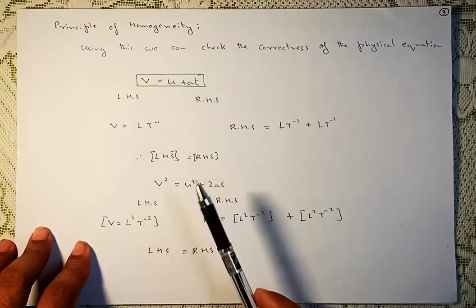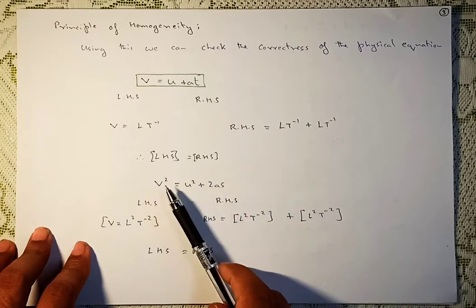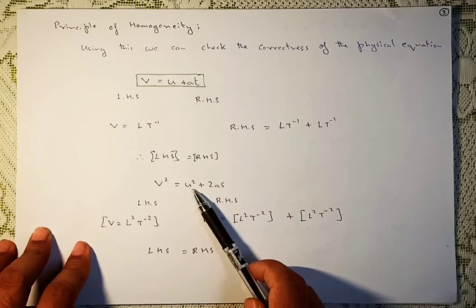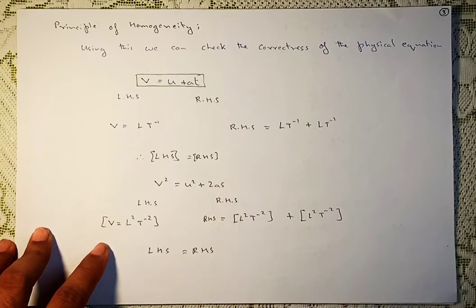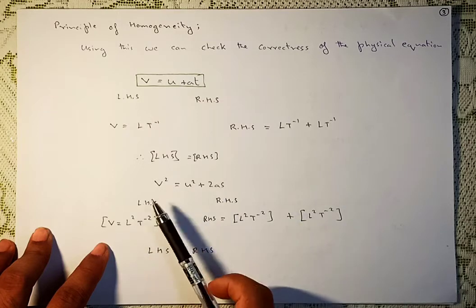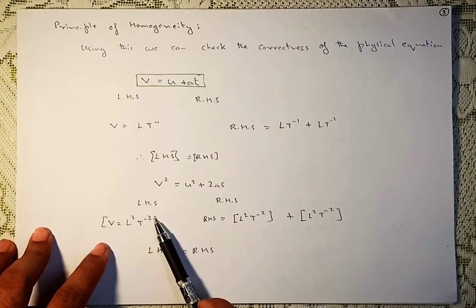And then V square is equal to U square plus twice AS, where V square is your final velocity, U square is the initial velocity, plus 2 into acceleration into distance. This has the unit of L square, T to the power minus 2 square.